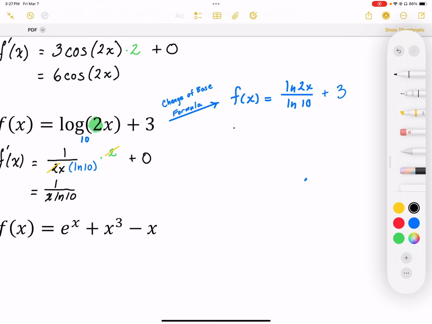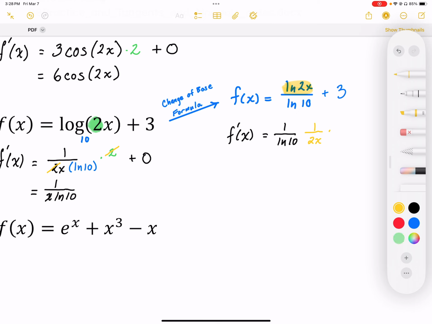The derivative of this becomes the 1 over log 10. That is a constant, so it doesn't get involved in our derivative. So I'm just going to put that on the outside. And then we could take that log base e of 2x, and we're going to differentiate that. That becomes 1 over 2x. Remember that horizontal compression?